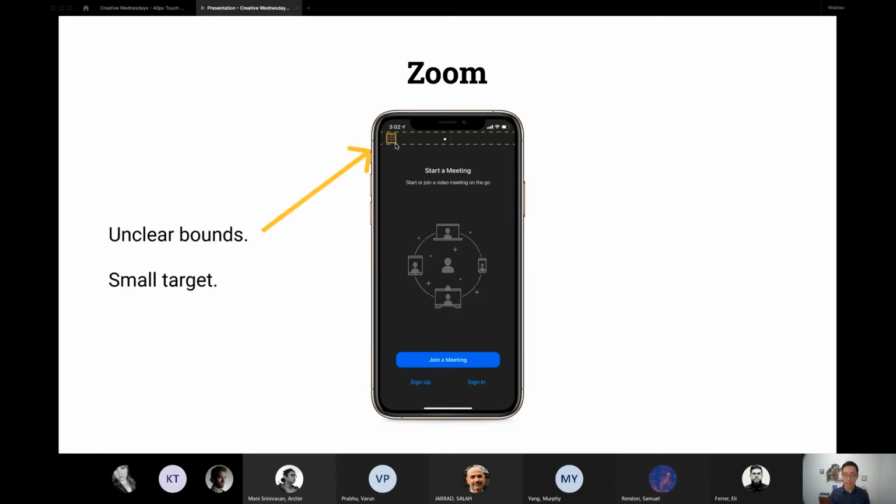Now, I know because I was tapping and tapping that it must have been a smaller interaction area, but because of the way that it was styled, it wasn't clear how precise I needed to be to get the touch target I wanted.